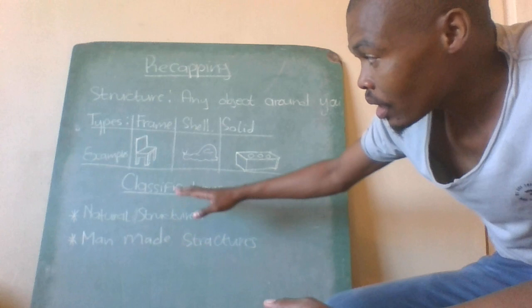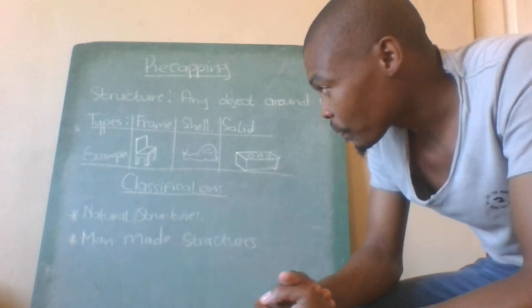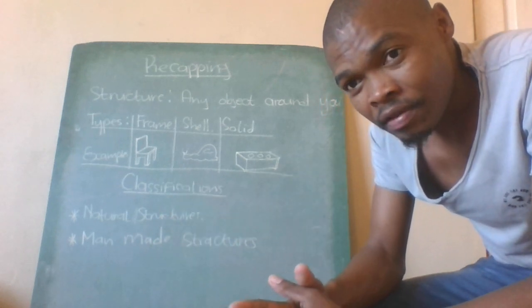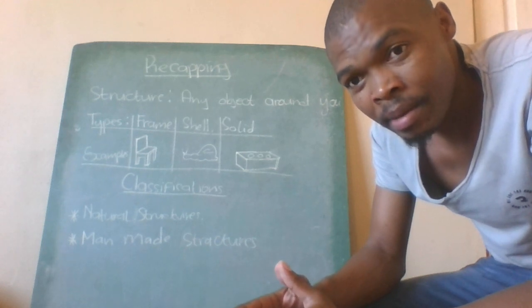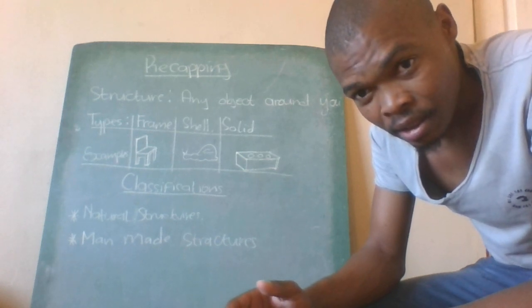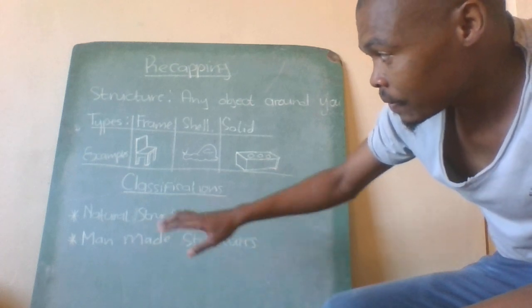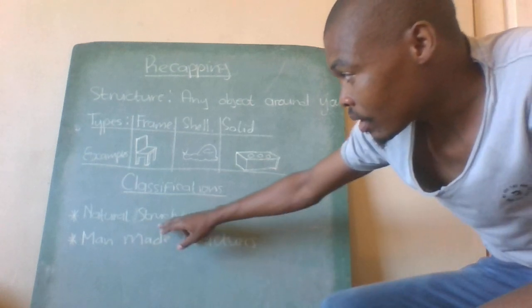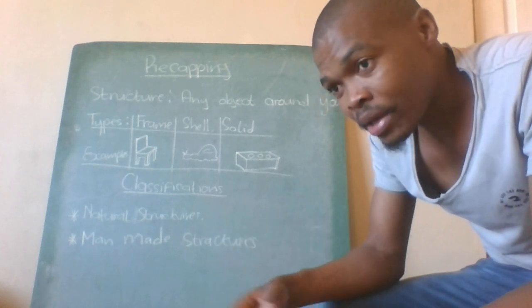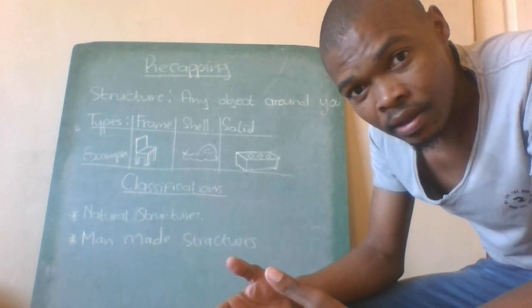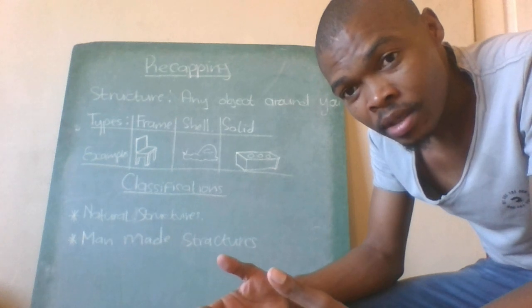Then we went on to classification of structures. We said structures are classified into two forms: natural structures and man-made structures. This one is self-explanatory. If you talk about natural structures, you talk about structures which appear for themselves in the communities where we live.